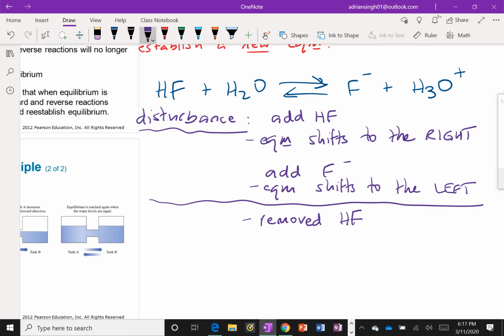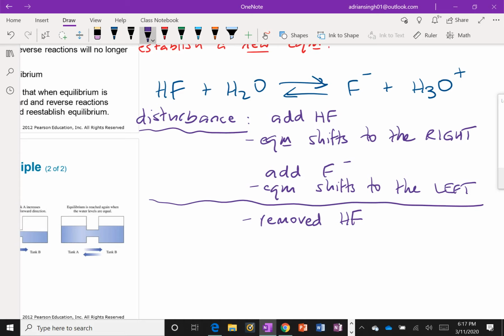It's going to shift to the left, right? So if you take something away, you make a hole here, in other words. You have to fill that hole back. The only way to fill it is to go that way, to make more of the stuff that you just took away. So you take something away, the equilibrium shifts in that direction.